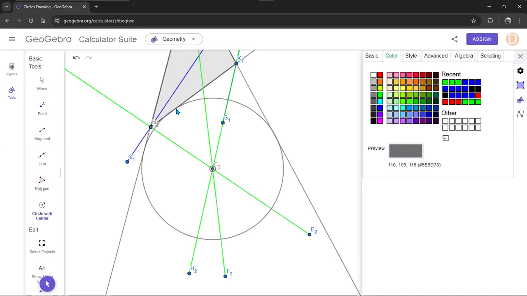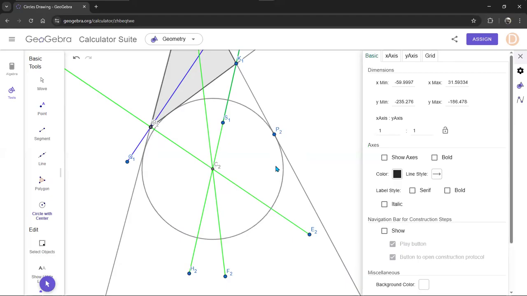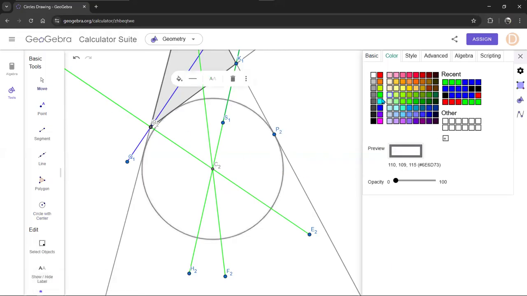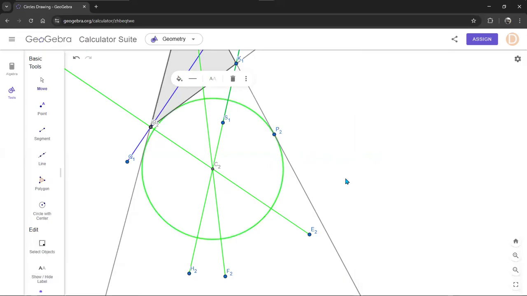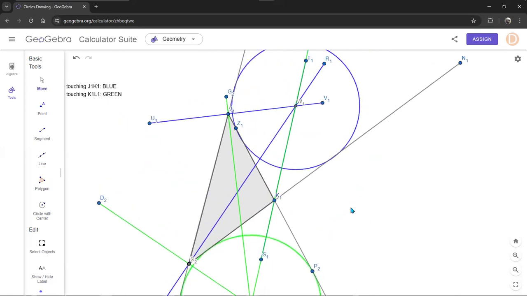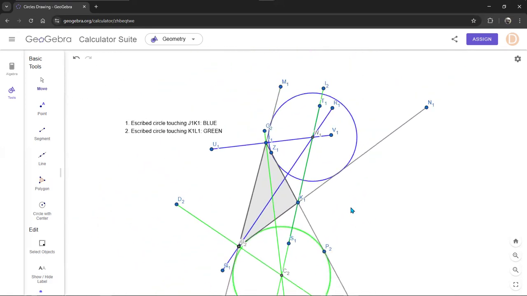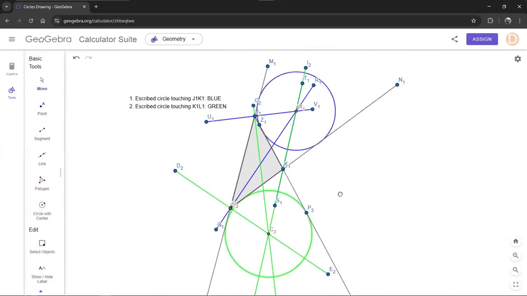The app is misbehaving slightly. I don't know why. Or we can just use the other vertices. It will just give you the same. So we make sure the color is the same, the green color. As you can see, we have two Escribed circles using the same approach that I've taught you, which is very easy.